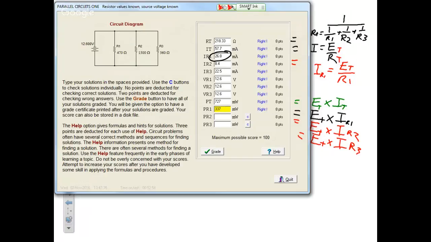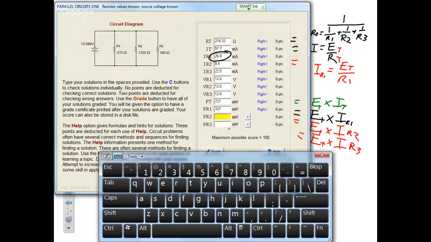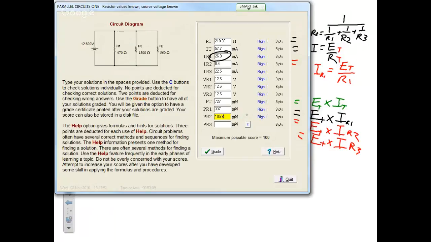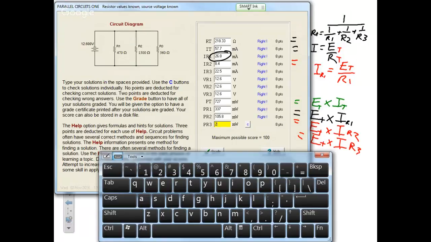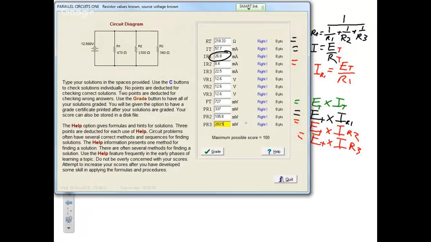The next one is 105.8 milliwatts. And what's the last one? 283.5. We check that, and it is right as well.